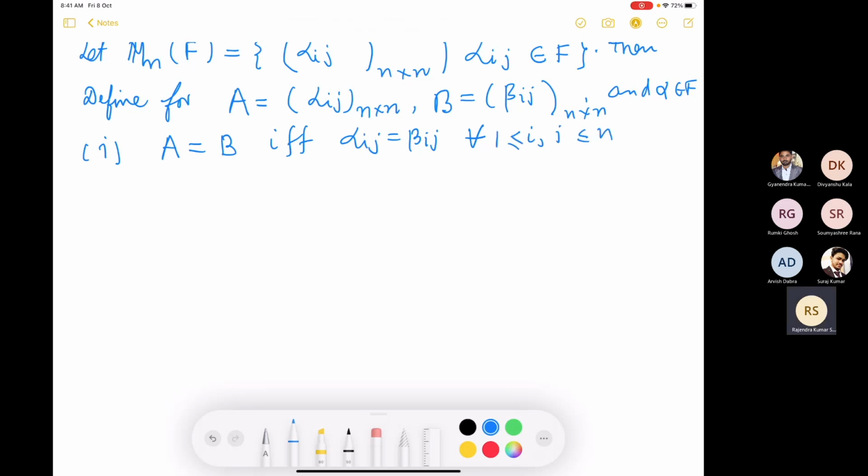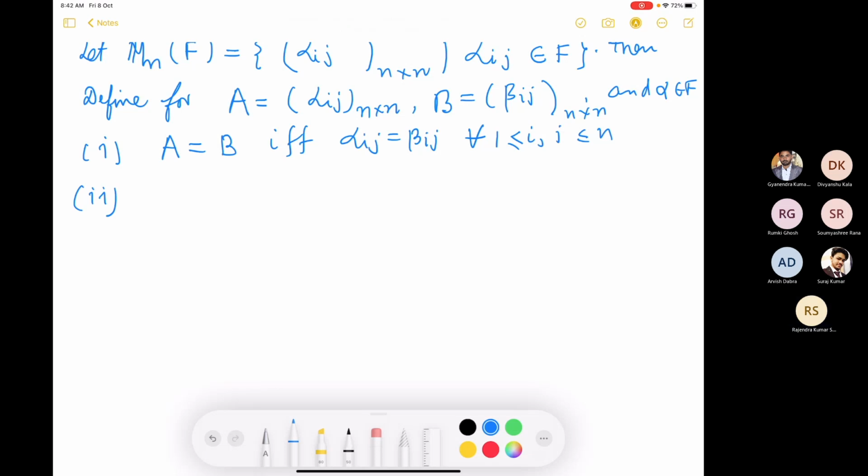That means alpha 11 is the same as beta 11 and so on and so forth. Then we say the matrix A is the same as matrix B. Conversely, if A is equal to B, what we mean here is that every entry is equal.